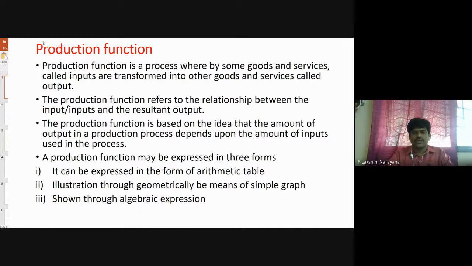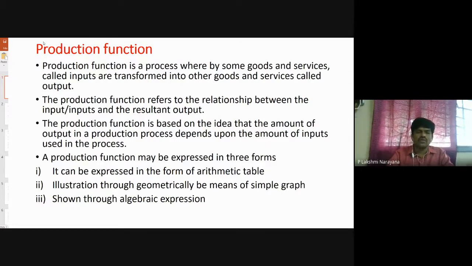If we define the meaning and definition, production function refers to the relationship between the input or inputs and the resultant output. The production function is based on the idea that the amount of output in a production process depends upon the amount of inputs used in the process.